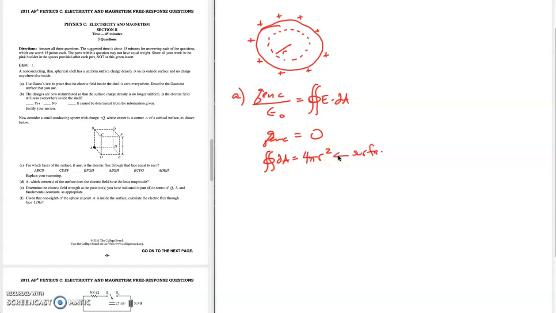So surface area of sphere. So then therefore the electric field is going to be 0 over epsilon naught 1 over 4 pi r squared, also known as 0 altogether.